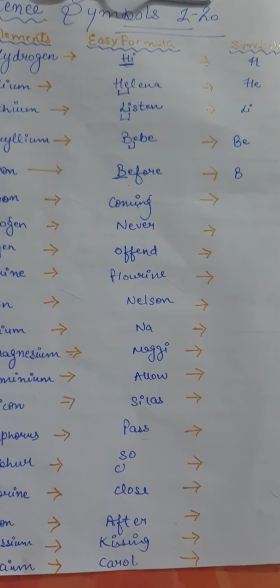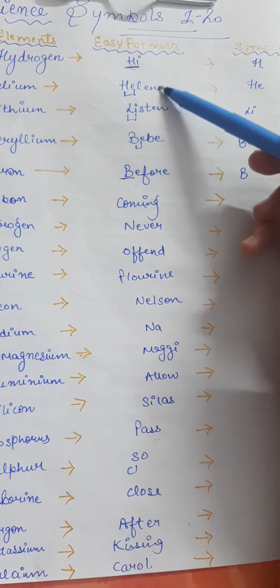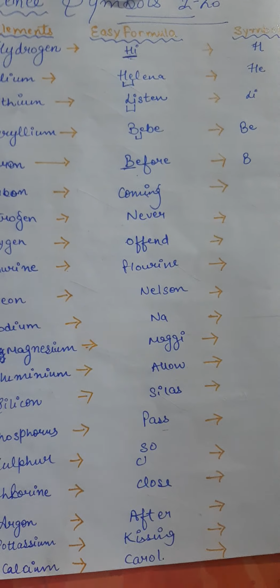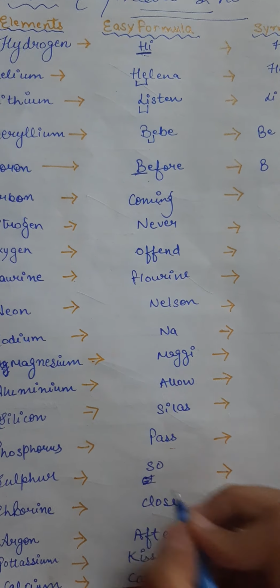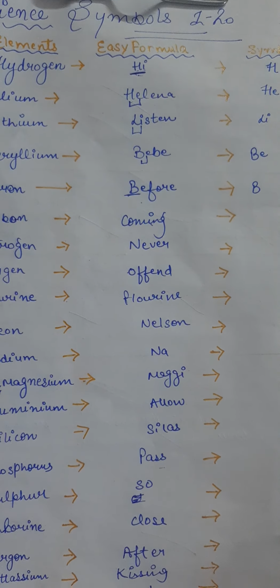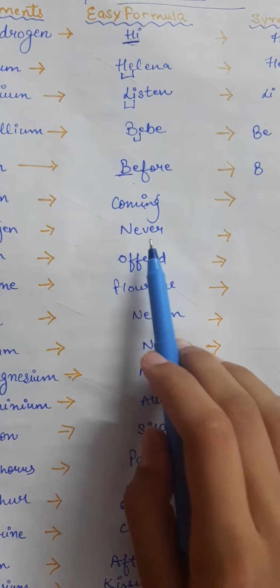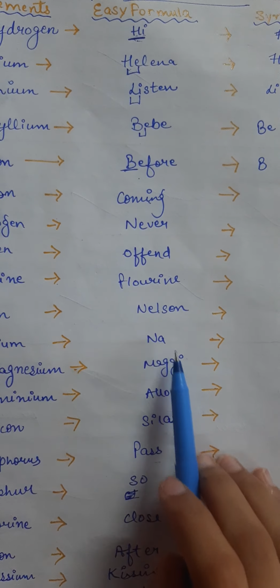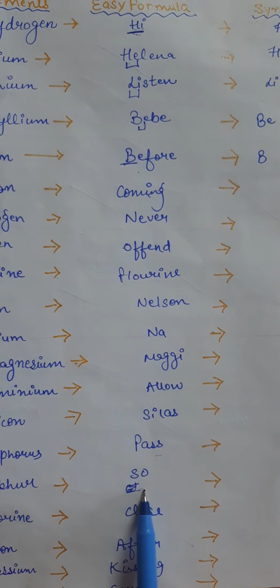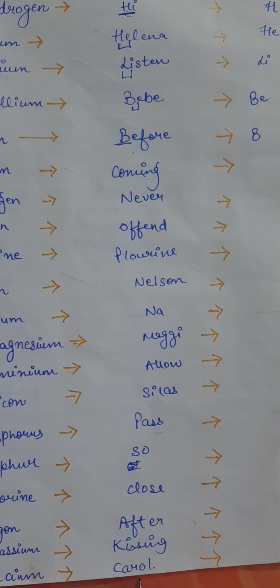I have written this. You just have to learn this part, and then it will be very easy for you to remember these symbols. Hi Helena, listen baby before coming. Never offend Fluorine. Neslin, Na, Maggie. Allow Silas pass so close after kissing Carol.